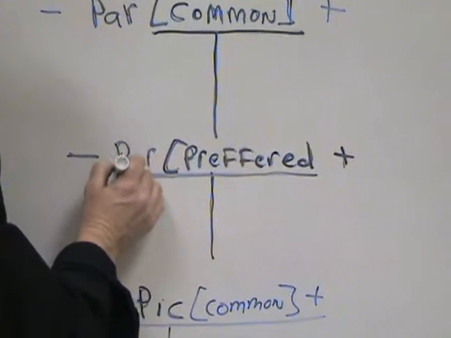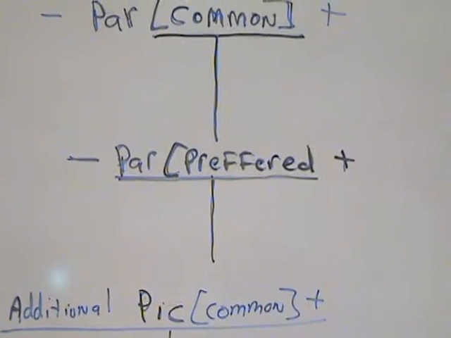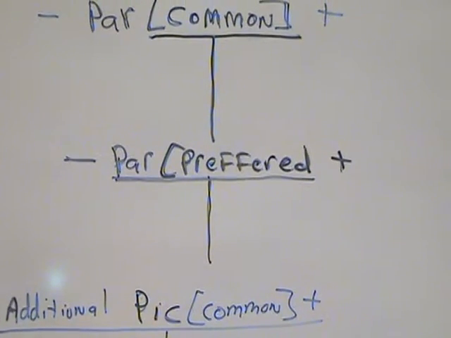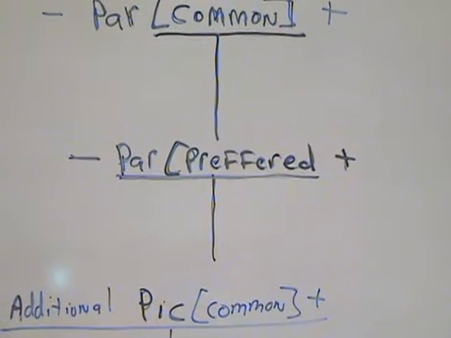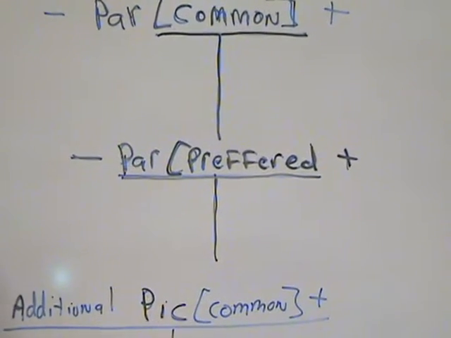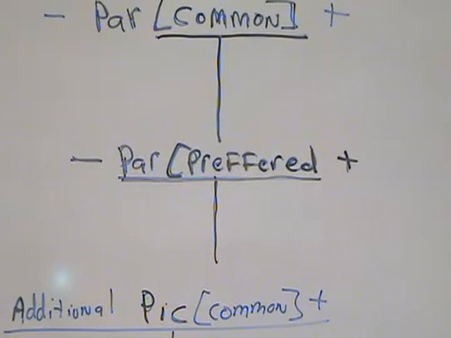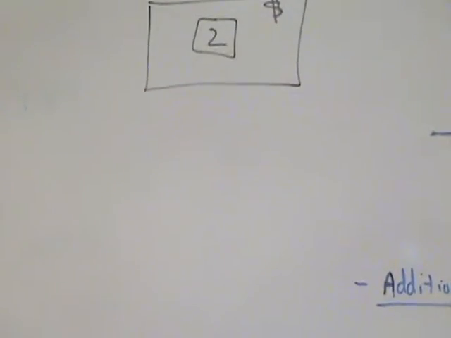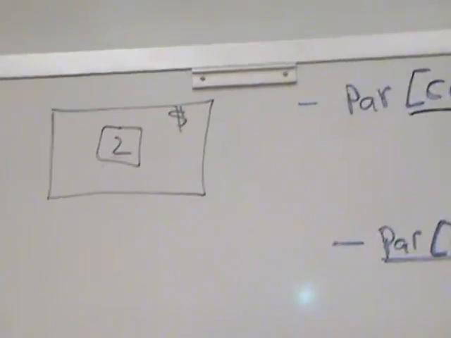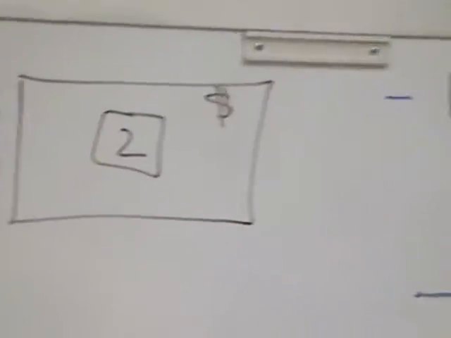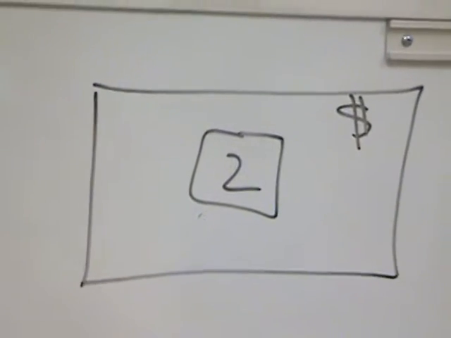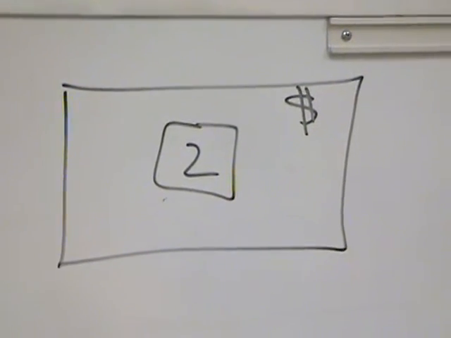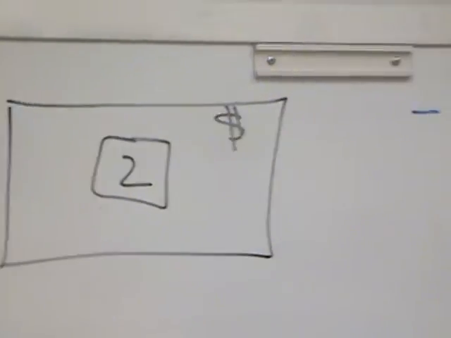A par value is a number on a piece of paper, say in this case $2, I believe. It's merely a number on a denomination, like a dollar bill. A stock certificate has the par value.